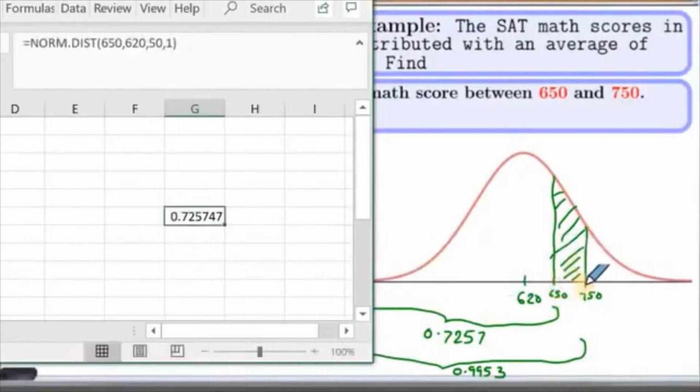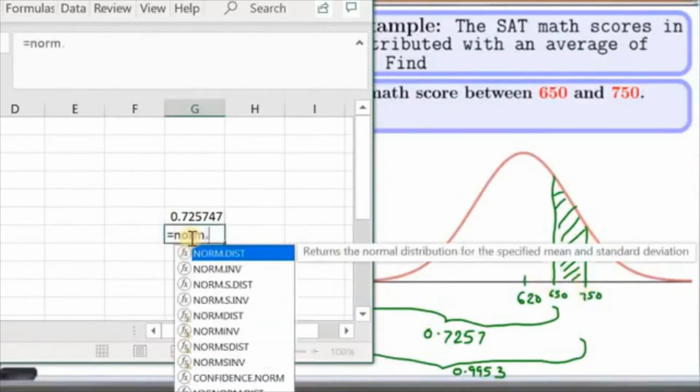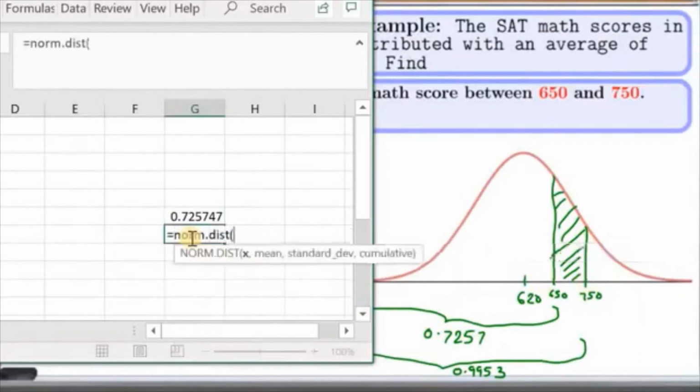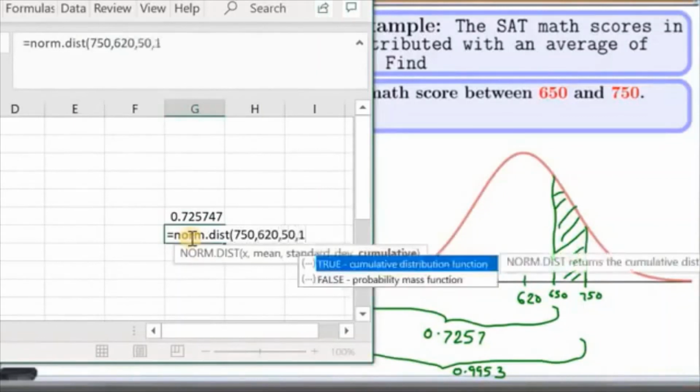Now we need the area to the left of 750. Let's find that. Type in equals, then norm dot dist, then your parentheses. Your x here is 750 and mean is 620. Then your standard deviation is 50, and again, since we are looking at the cumulative probability up to 750, we can just use 1, or you can type true.